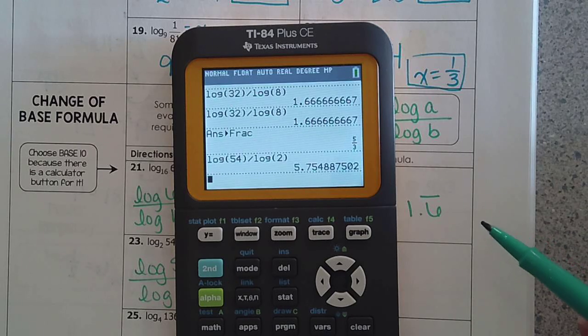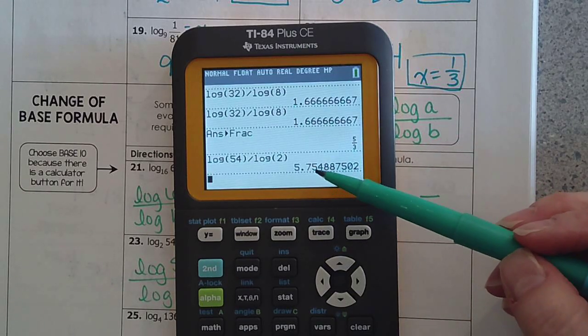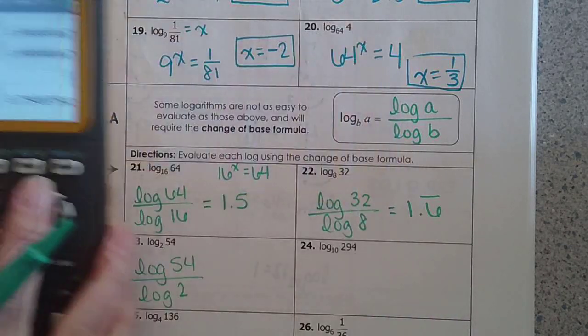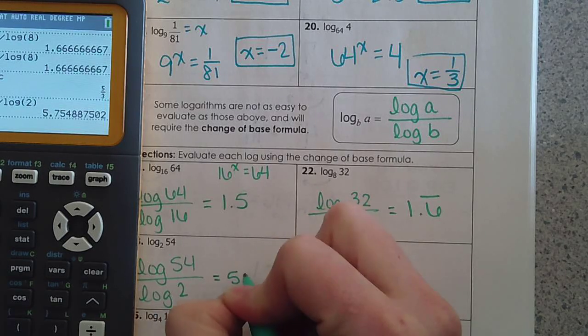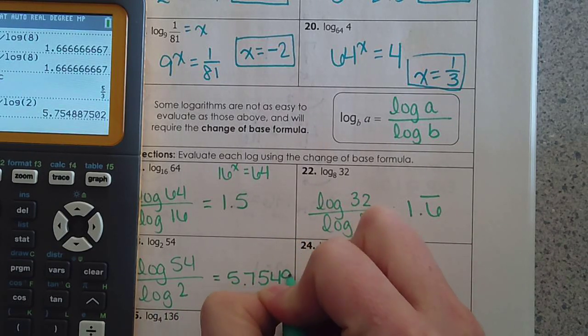That's okay. I'm going to do these ones to 4 decimal places so that we can get as close to accurate as we can. When we get to graphing them, 5.8 is good enough. But when we're evaluating, let's do 4 decimal places so we have an accurate value. So this is going to be 5.7549.